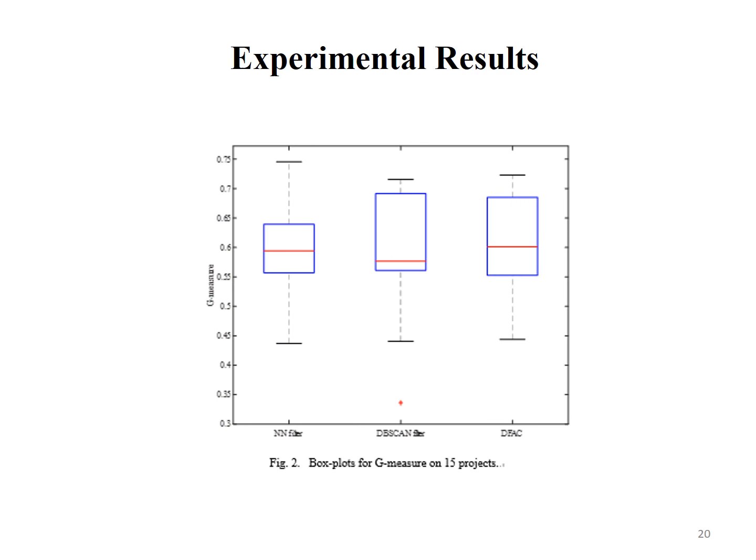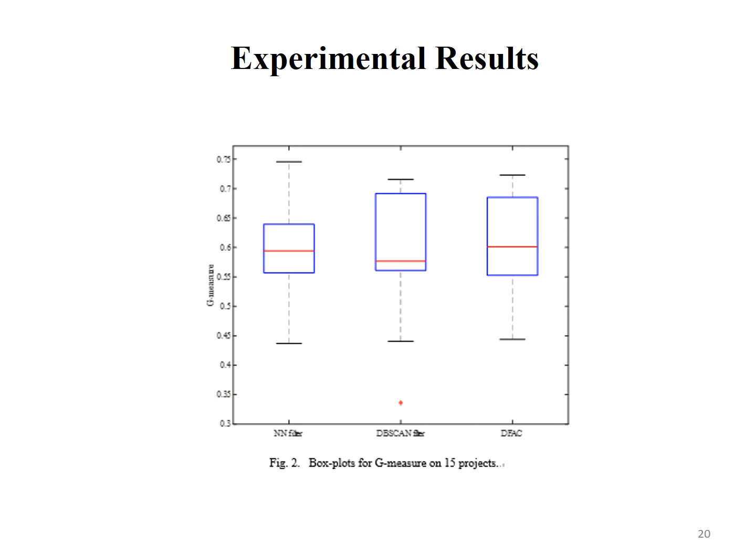Figure 2 shows the box plots of G-measure values for the NN filter, the DBScan filter, and the DFAC with the NB classifier on 15 projects. It seems that the NN filter approach always has a low G-measure compared to the DBScan filter and the DFAC.